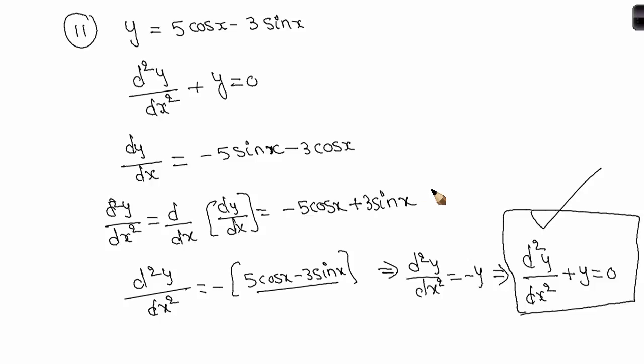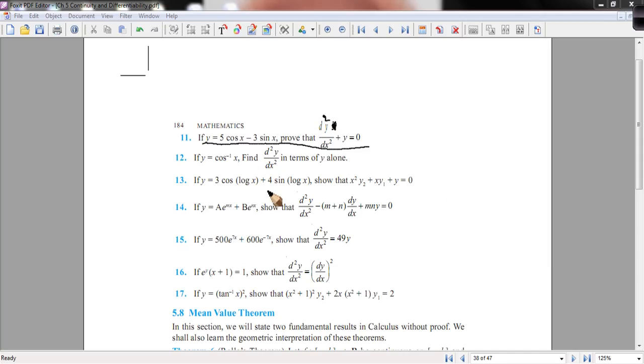Let me solve the next question. If y is equal to cos inverse of x, find d square y by dx square in terms of y alone. Twelfth question. So from this, if I take cos on both sides, this becomes cos y is equal to x.